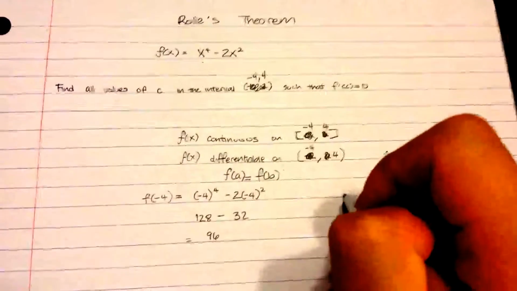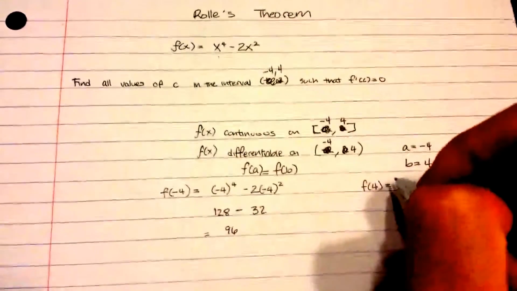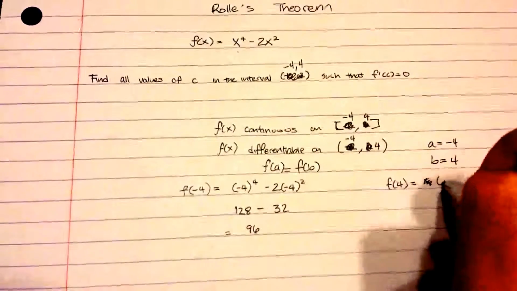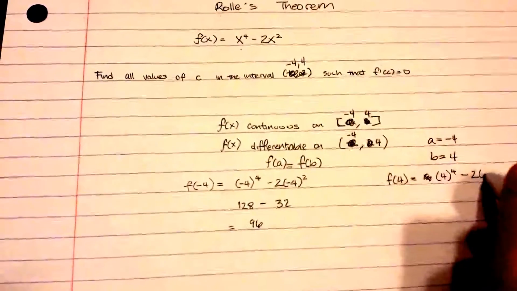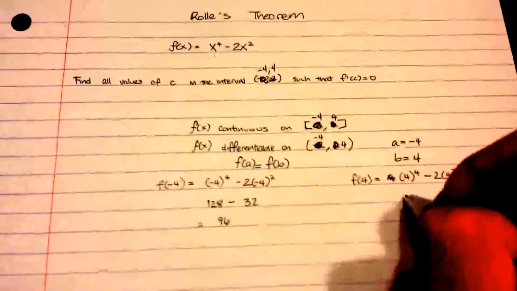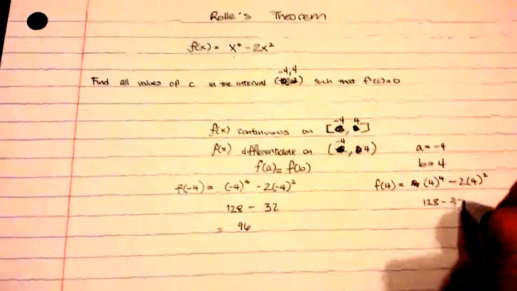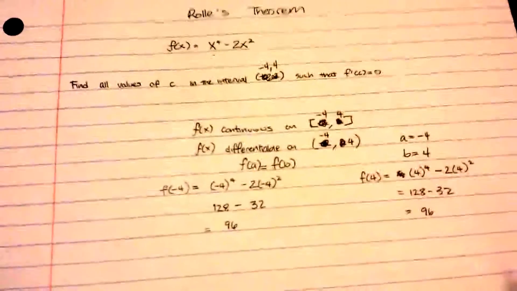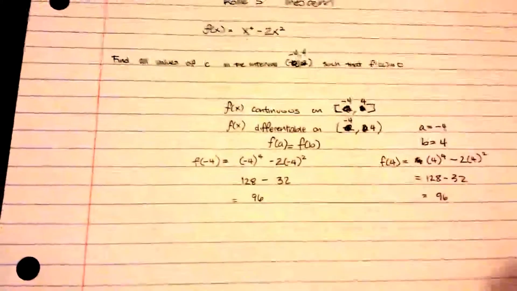Now we just have to find the value of f of 4, which is 4 to the fourth minus 2 times 4 squared. Again, this is 128 minus 32, and we find that the values are actually the same. So now we know all of this, we can actually use Rolle's theorem.